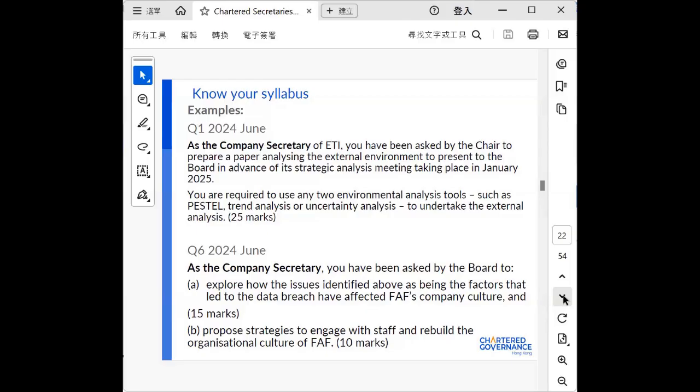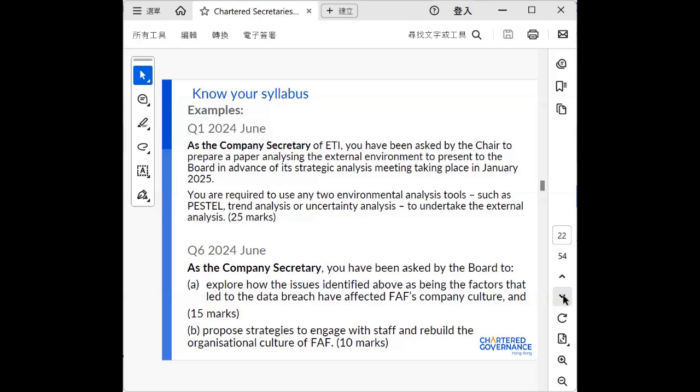So you're given the practical situations, and as a company secretary, you have to deal with these situations and give advice to the board of directors.